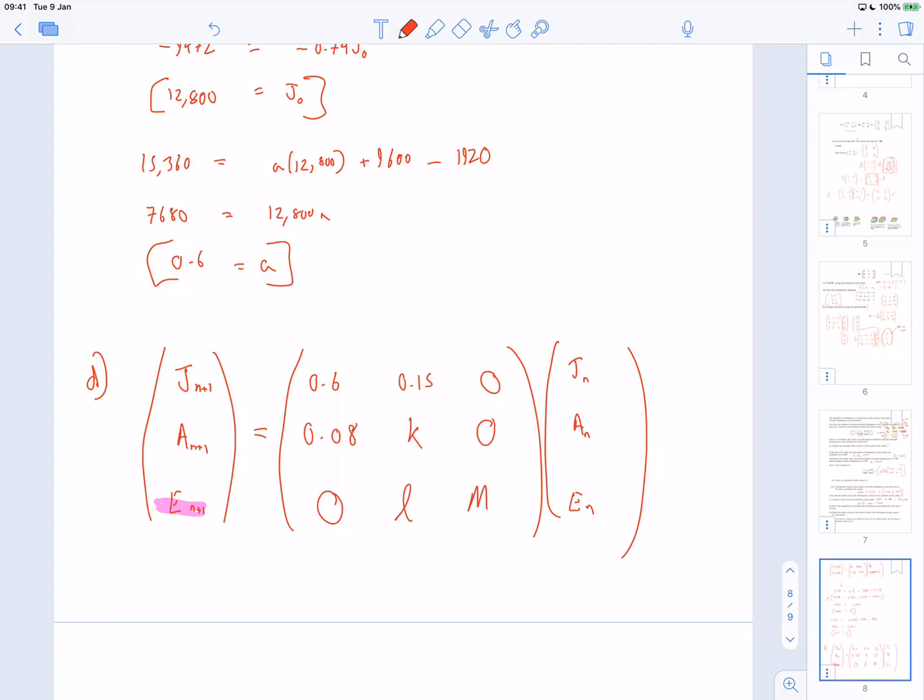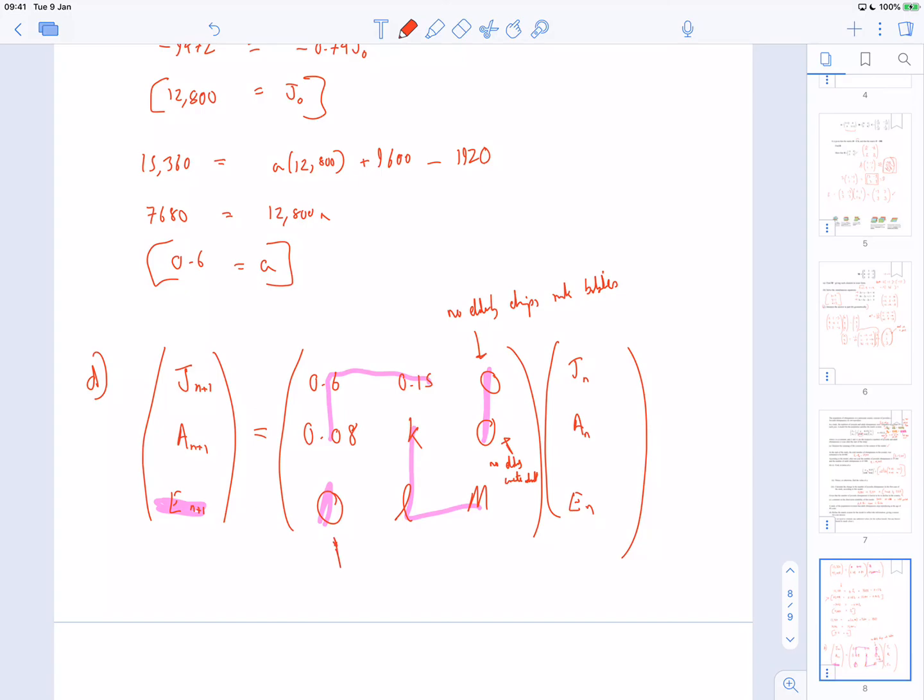So I think the only constants we can be sure of are these. We don't know what these constants are, and these have to be 0 for the reasons I've stated. So this 0 is because no elderly chimps make babies. This 0 is because no elderly create adults, because that's not how time works.